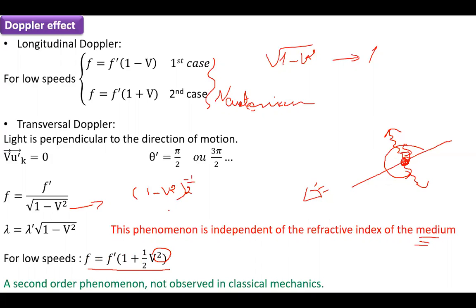But in relativity, doing this expansion for low speeds, you will have an additional quantity, which is half v squared. So f is not equal to f prime, it's equal to f prime times (1 plus half v squared). So also transversely, you have a change of the frequency, and you have a Doppler effect, which can only be measured in relativistic mechanics. Okay, so this is the end of the chapter.